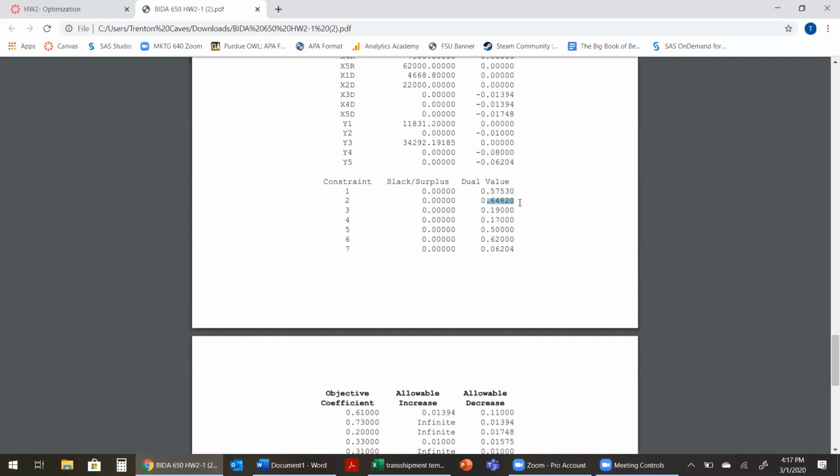So anybody, 720 times 0.6482? $466.70. Yep. So $466.70 is the maximum they should pay for an additional Adobe loom, because that's how much they'd make based on having that extra loom.